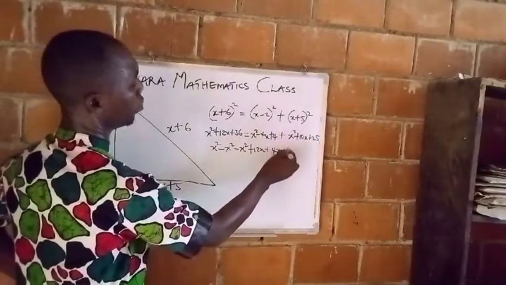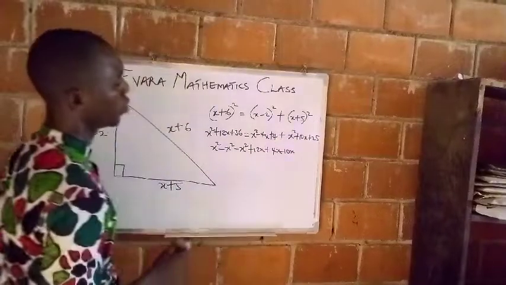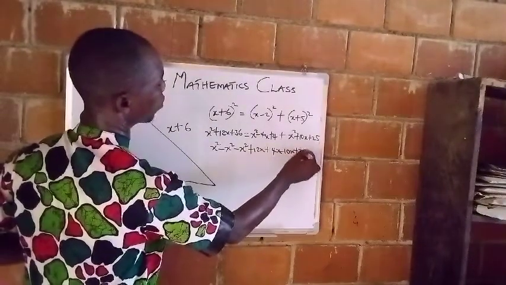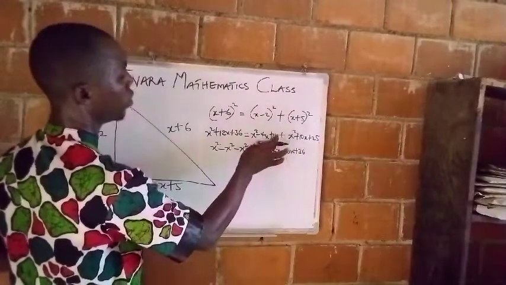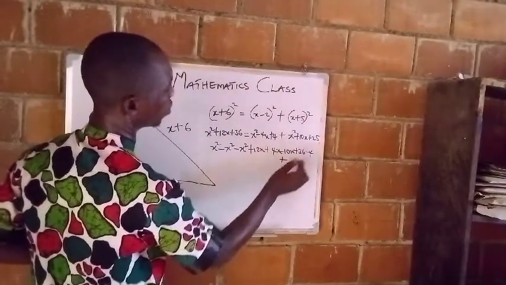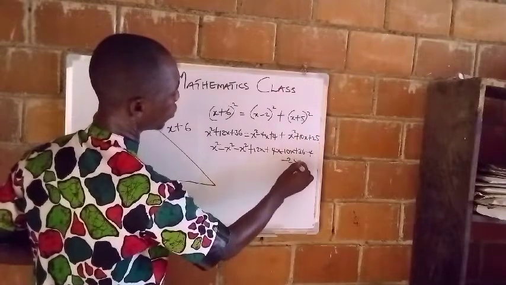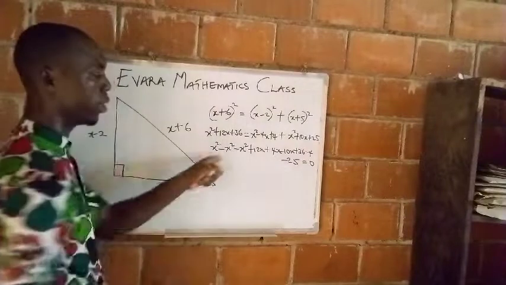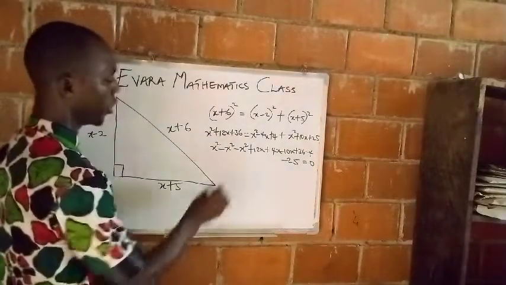Then minus 10x. Then we have plus 36. This will be minus 4, and it will be minus 25 equals to 0. When this 25 comes to the left hand side, it will become negative.